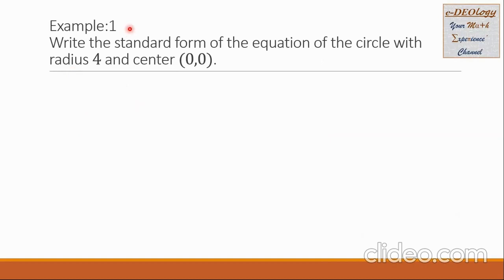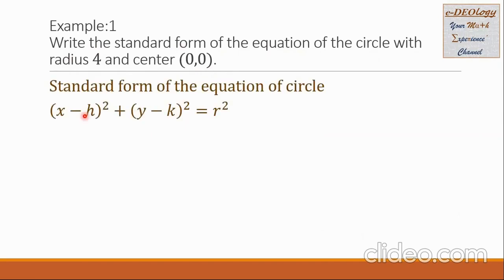Let us have example 1. Write the standard form of the equation of the circle with radius 4 and center (0, 0). We know that this coordinate is the origin. So the standard form of the equation of the circle is here. And then let us substitute the values.